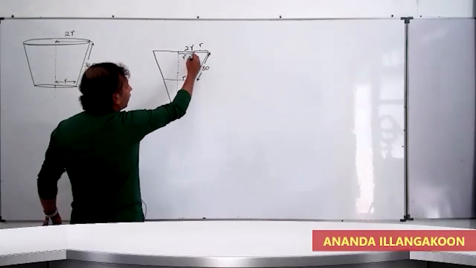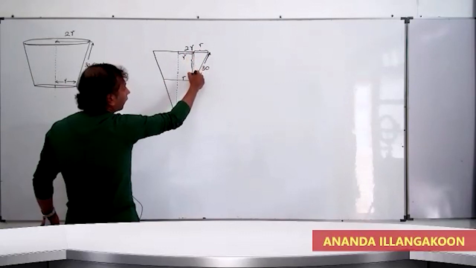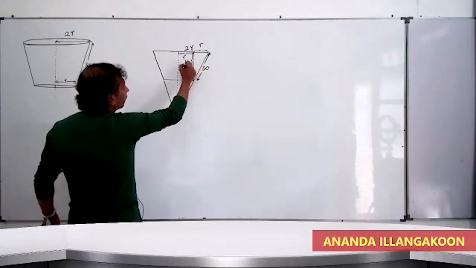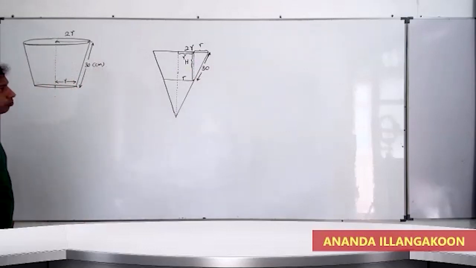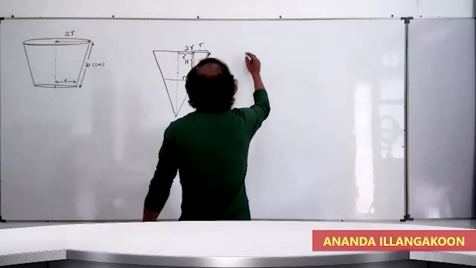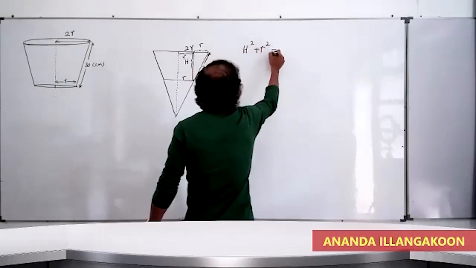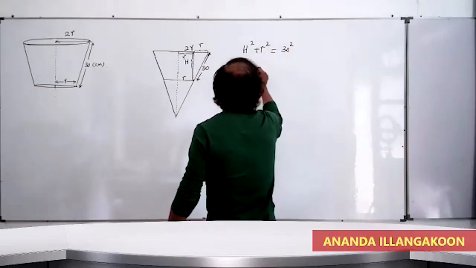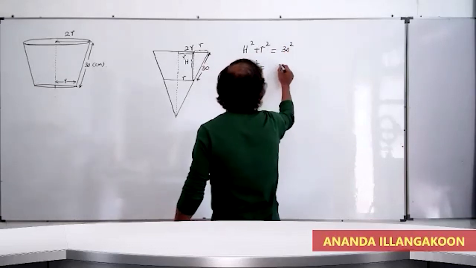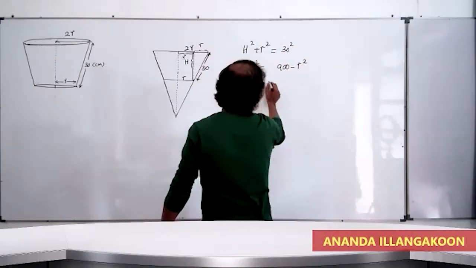Then you can find this height. Say capital H. How to find that capital H? Capital H squared plus r squared is 30 squared, no? Then H squared is 900 minus r squared. H is the root of this.